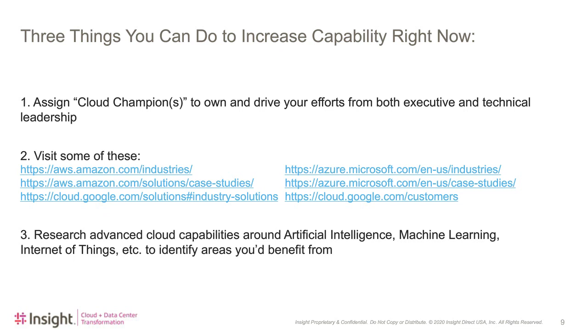I have some links here. These are for AWS and Azure and Google's cloud platform, links to the industry and case study solutions that they have published. And here's why you should go visit these.